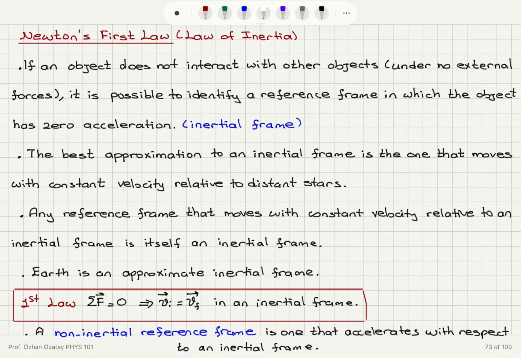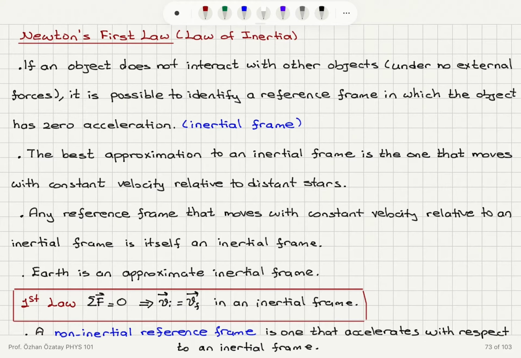So what is a non-inertial reference frame? It's one that accelerates with respect to an inertial reference frame. Then Newton's first law will not be satisfied when the motion is viewed from a non-inertial reference frame. One has to take into account the fact that it has an acceleration itself.